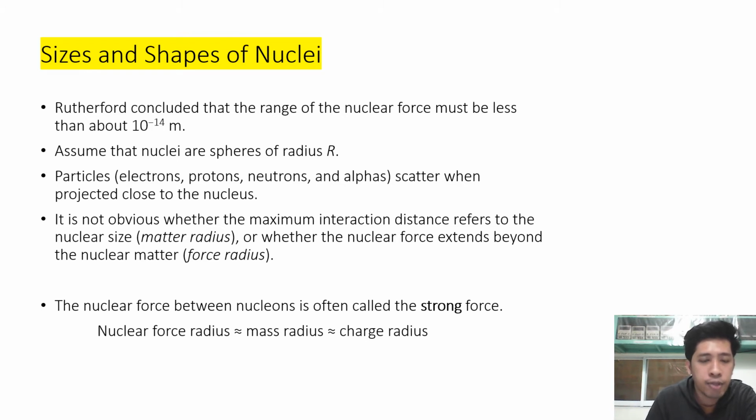It is not obvious whether the maximum interaction distance refers to the nuclear size, the matter radius, or whether the nuclear force extends beyond the nuclear radius. The nuclear force between nucleons is often called the strong force. That's why here we refer to it as the strong nuclear force. This is the force that governs the binding of protons and neutrons in the nucleus.